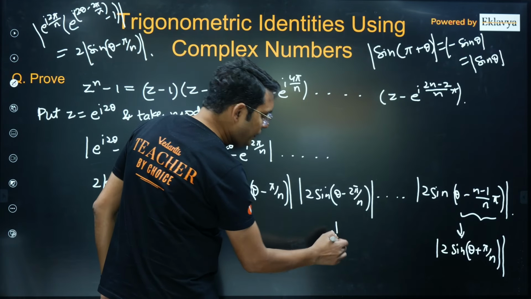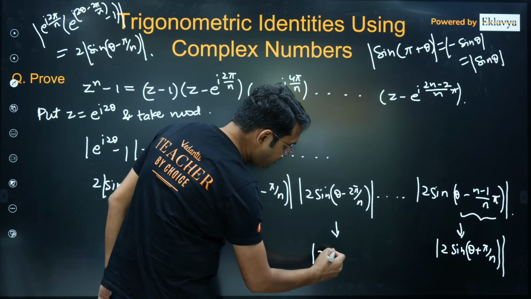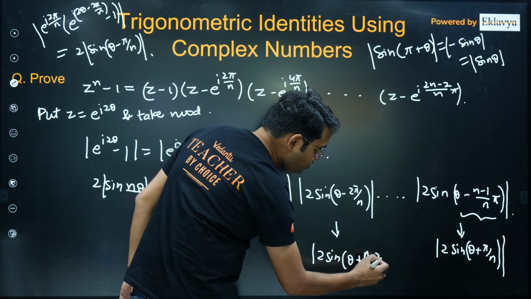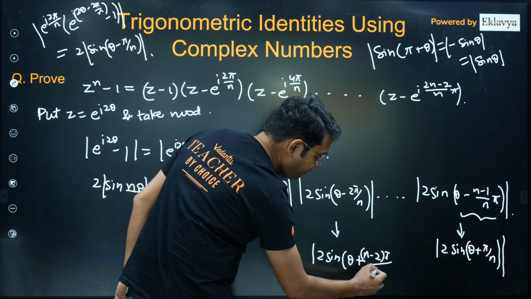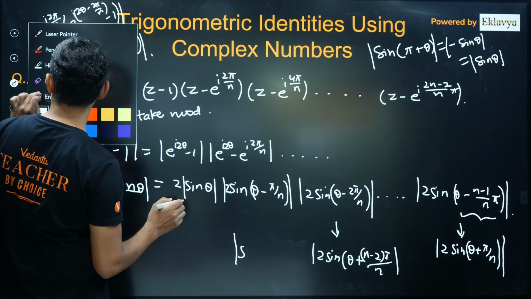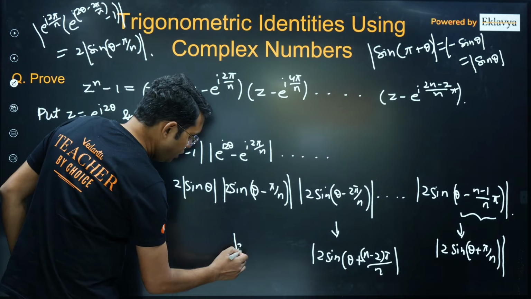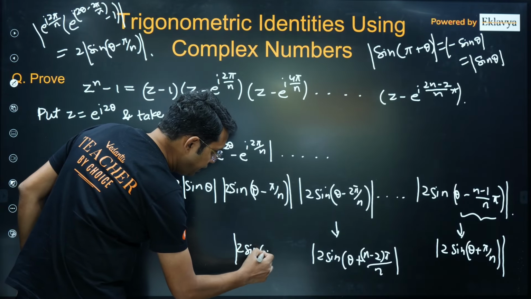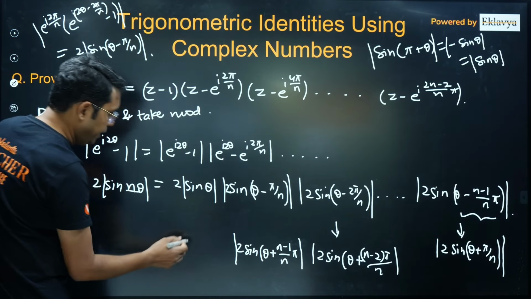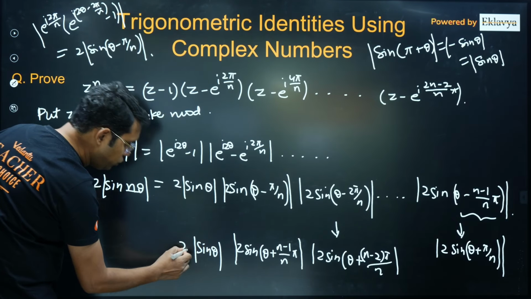Similarly, if I keep adding pi to all of them, it will be 2 sine of theta plus n minus 2 pi by n, and then 2 sine of theta plus n minus 1 upon n into pi, and this I will leave as sine theta only, into 2 here also.